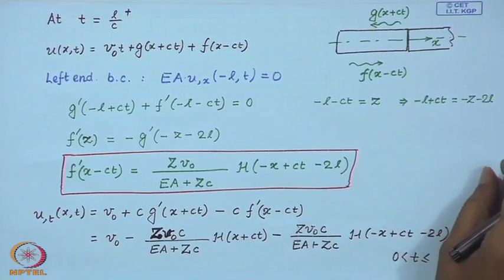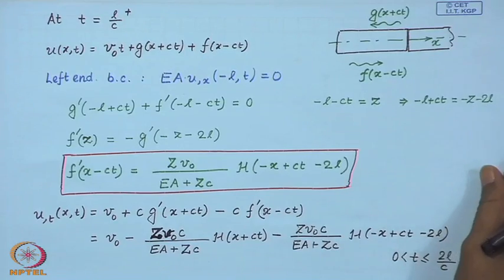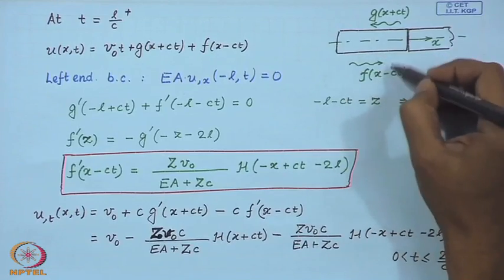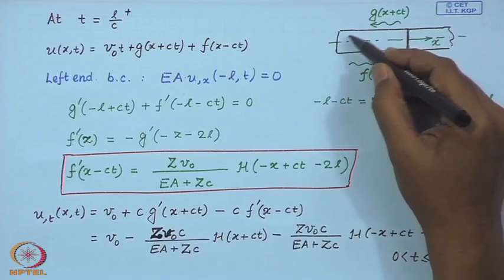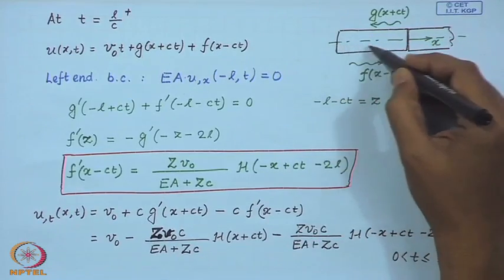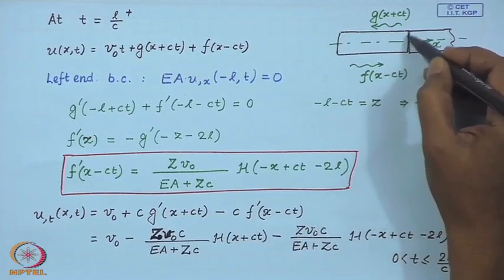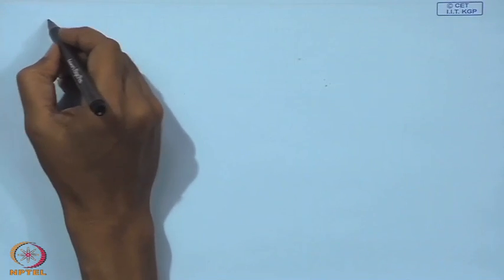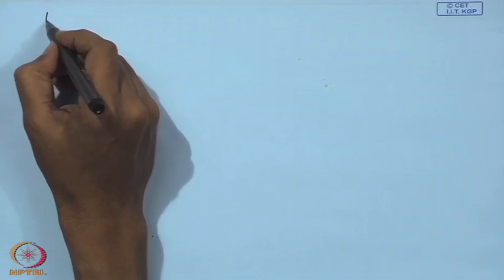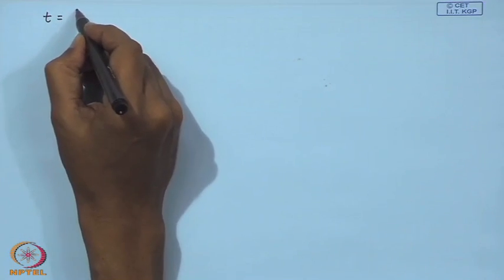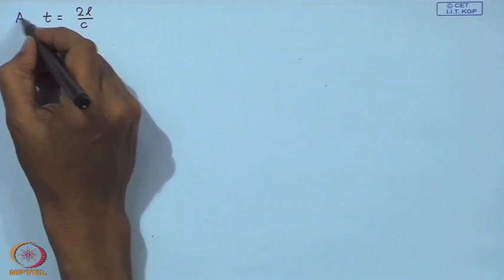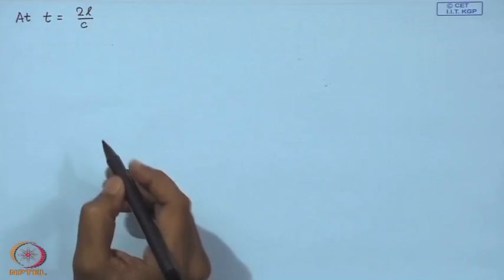Now, let us look at what happens at 2L over c. This means this wave g reflects here and f is produced, and now this f has reached this end of the bar. So, what we are interested in looking at is the velocity at time 2L over c.